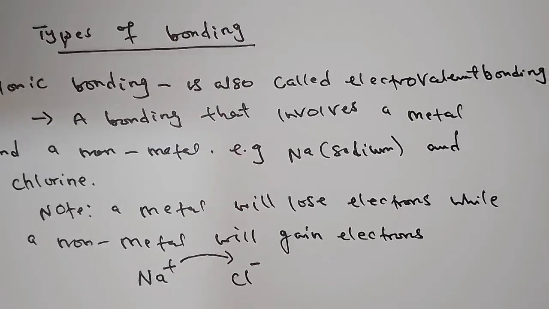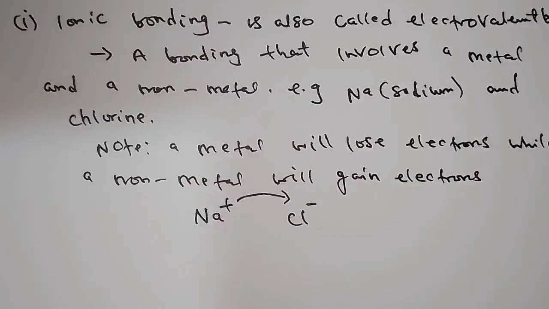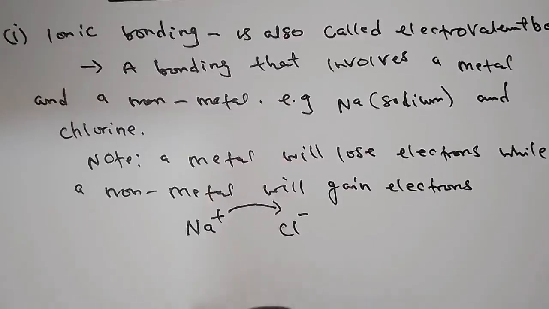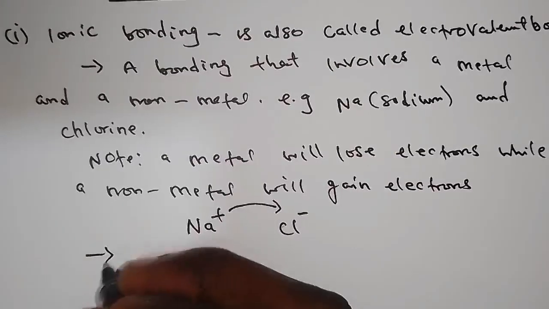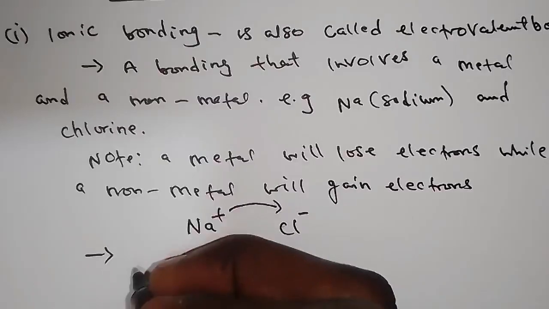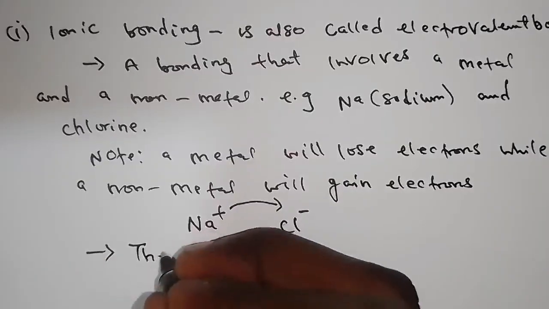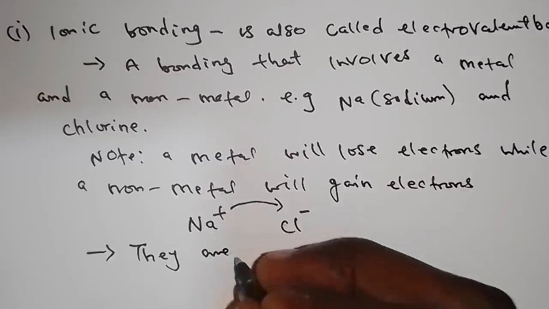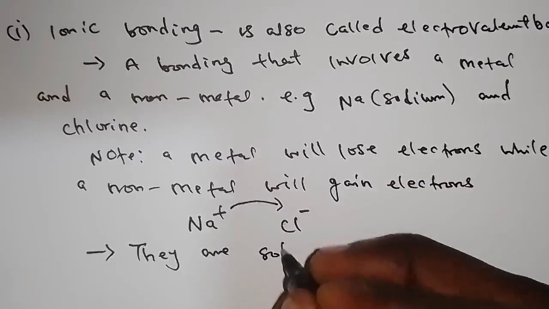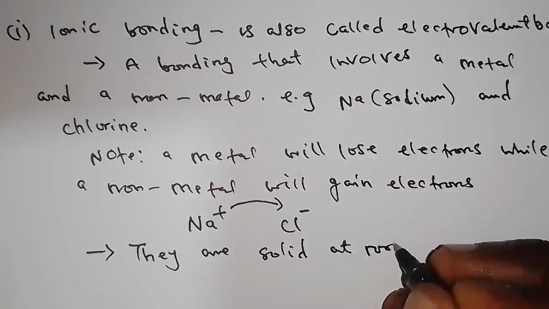Okay, and then what you need to understand also is that in this ionic bonding, what are some of the characteristics? So we say they are solid at room temperature.